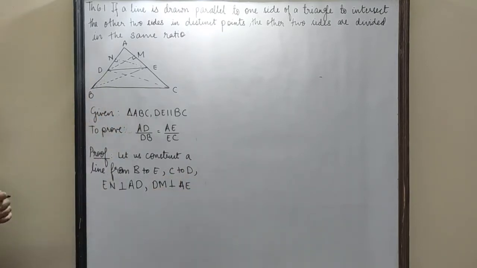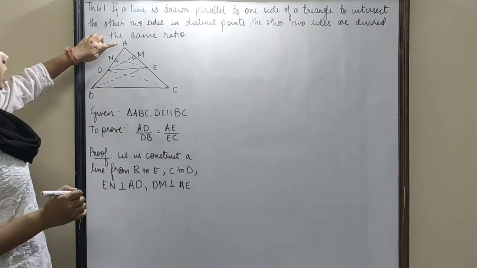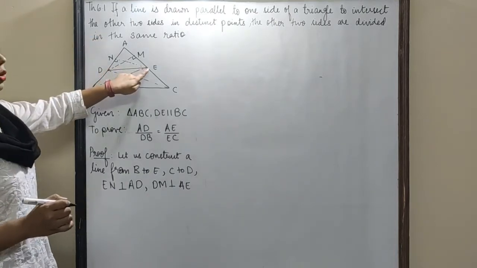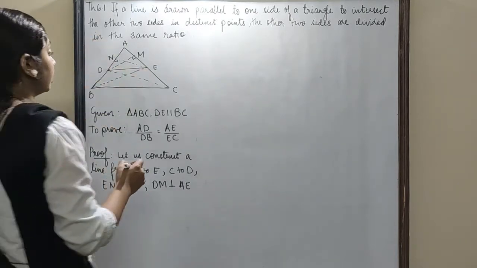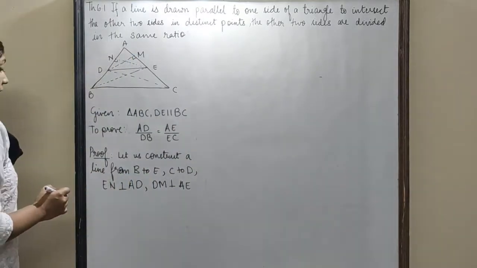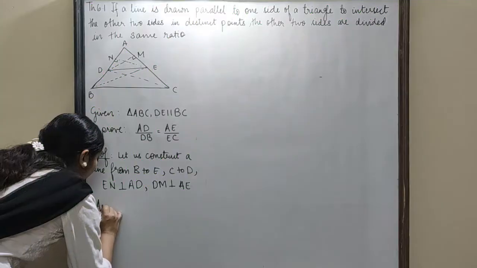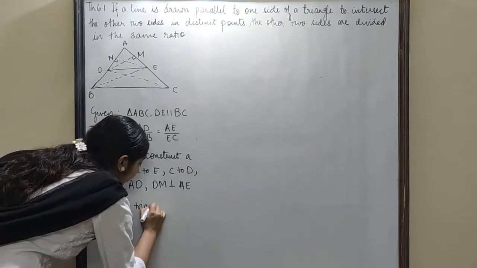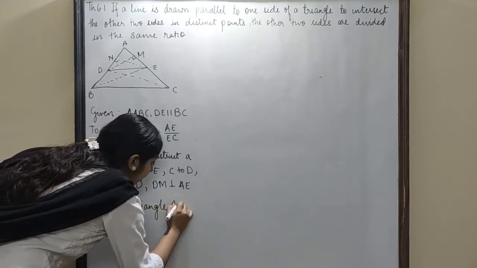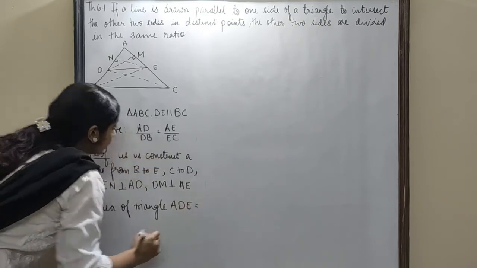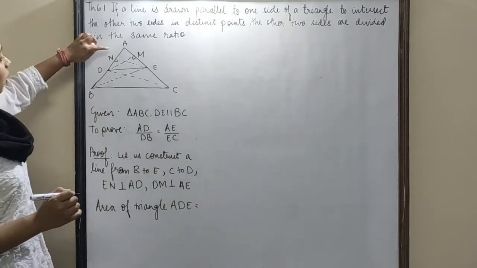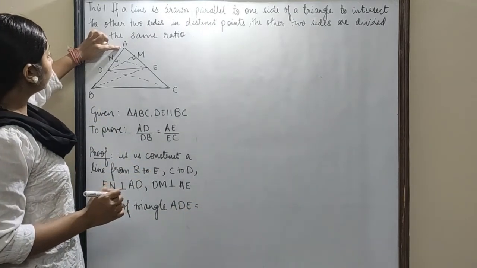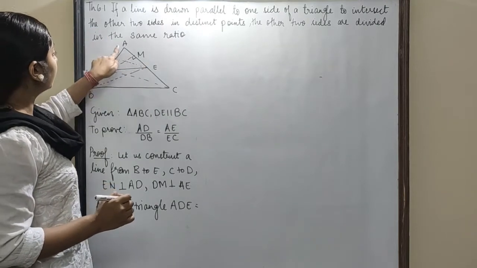Right? Now we are going to take triangle ADE. So over here we will write area of triangle ADE is equals to. Now if you see the area of triangle ADE, this is ADE, right?